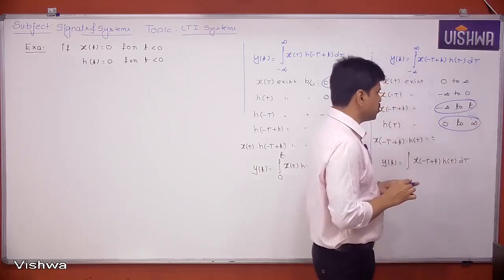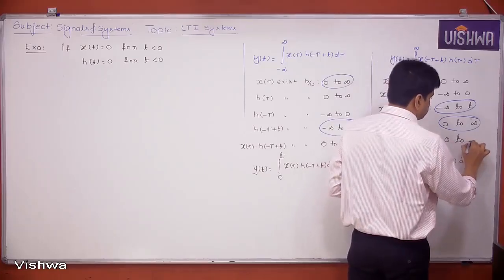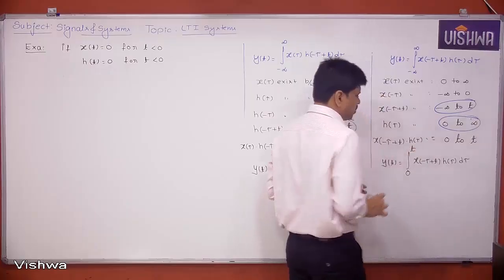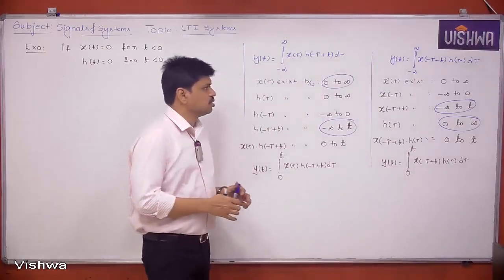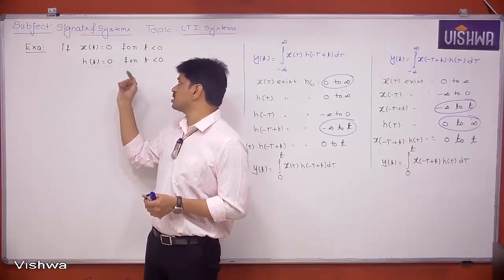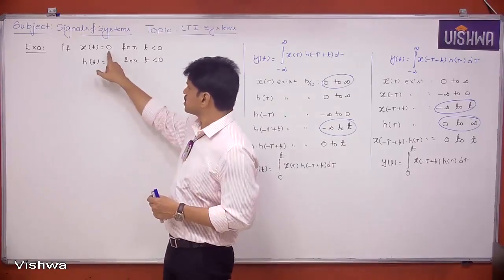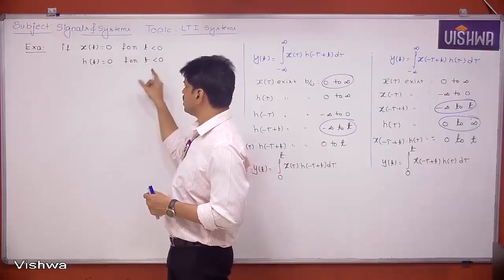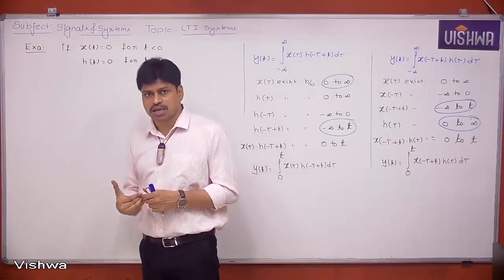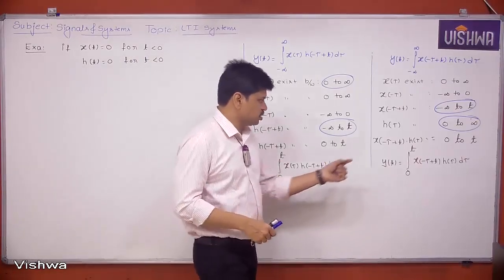Again it is 0 to t. So we can take 0 to t. If you observe carefully, if the signals both x of t and h of t are existing only for positive values of time, that means can I simply say x of t is causal, h of t is also causal. If both x of t and h of t are causal, then we are getting the limits 0 to t.